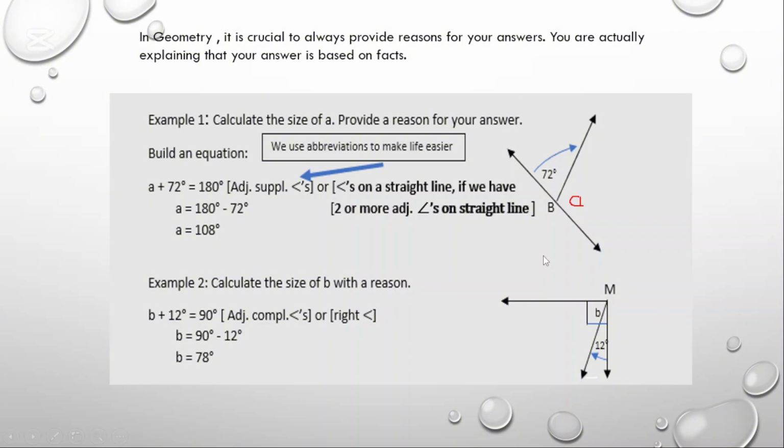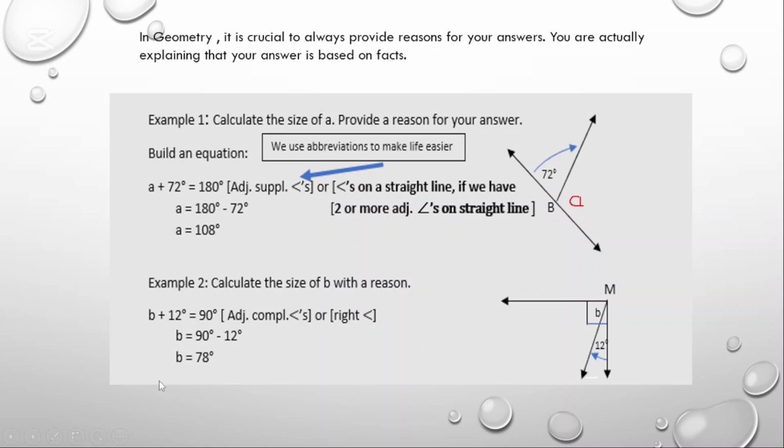So if this one is equal to 12, then that one must be equal to 90 minus 12, because they are complementary and they are adjacent. Don't forget the common vertex is M over there, and they are next to each other, and the little box shows us that this pair of angles add up to 90.